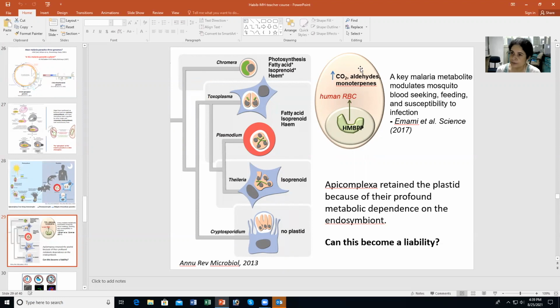Can this become a liability for the parasite? Can this now become a target? Can humans discover drugs that target the parasite by targeting the apicoplast, which is not there in the human? And because it's not there in the human, can we have specific molecules for specific apicoplast proteins which will not have safety issues for human use?